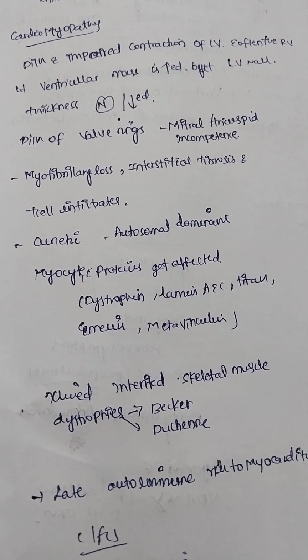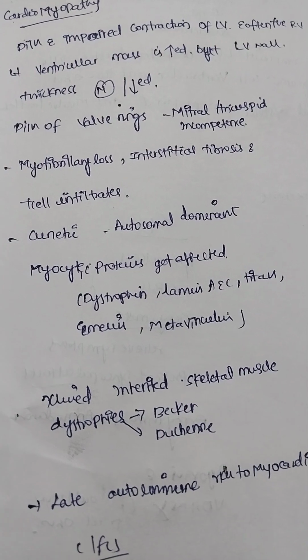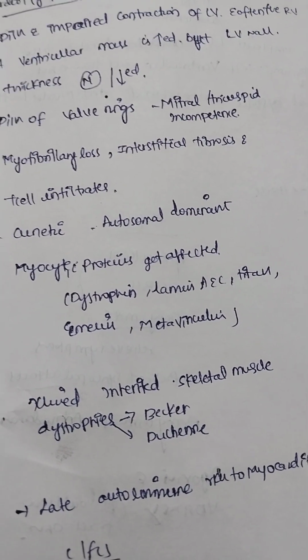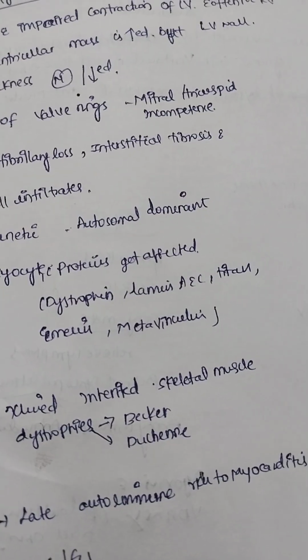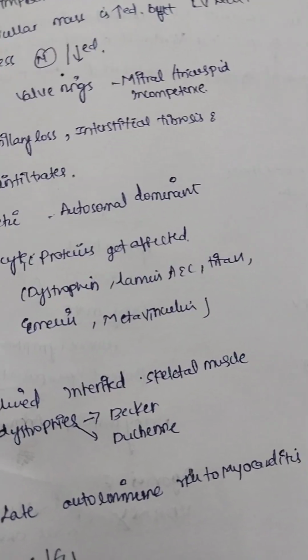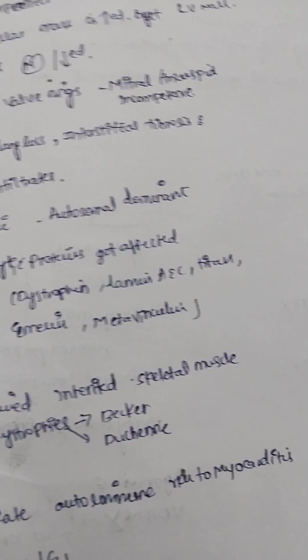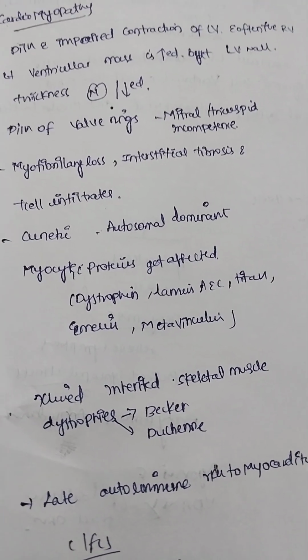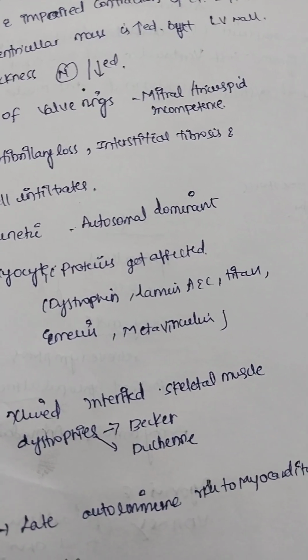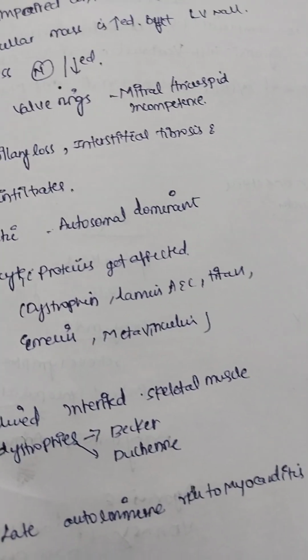This cardiac muscle, we know it is an involuntary muscle, but it is striated muscle, right? It contains both skeletal and smooth muscle features. We know that muscle consists of muscle fibers, and muscle fibers in turn consist of myofibrils.